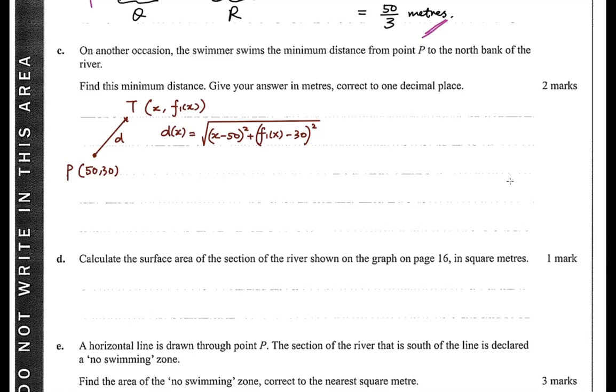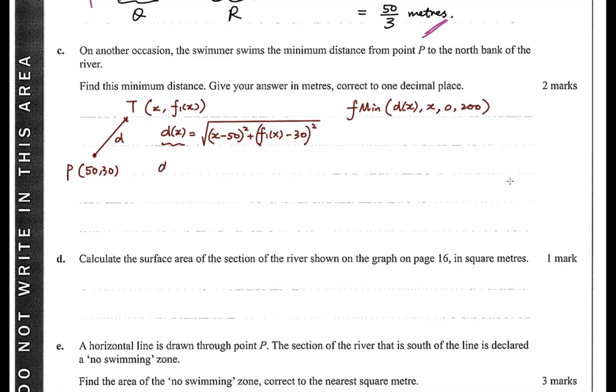For the minimum distance itself, we are actually finding a minimum value of that. On your CAS calculator, you should be able to do something like fMin(d(x), x). You could specify the domain restriction 0 to 200, but it doesn't matter. It will give you a decimal approximation as the final answer.